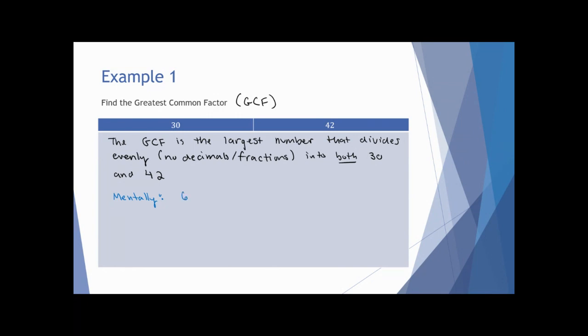So I'm going to just write that down. 6 goes into 30 and 42. So mentally, that would be my guess for the greatest common factor, the largest number that divides into both 30 and 42. But we can also do this with a factor tree, or prime factorization.